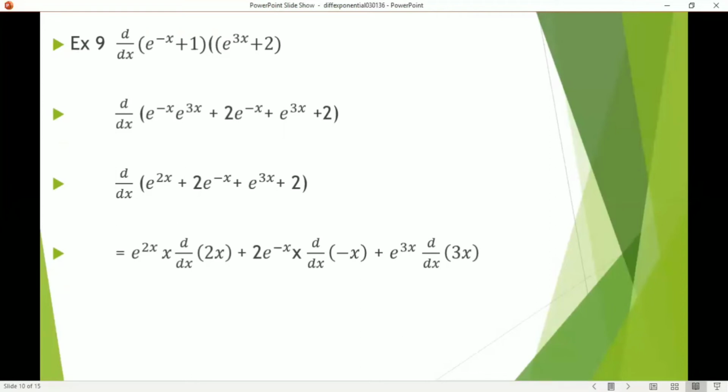And derivative of the constant 2 gives 0. So final answer, 2 e to the power of 2x minus 2 e to the power of minus x plus 3 e to the power of 3x.